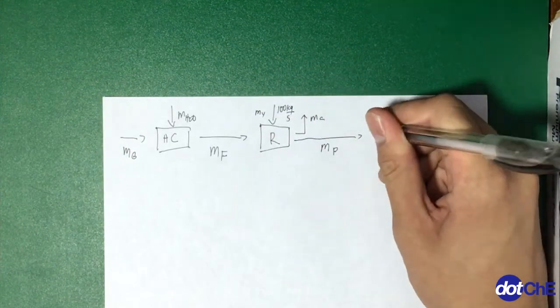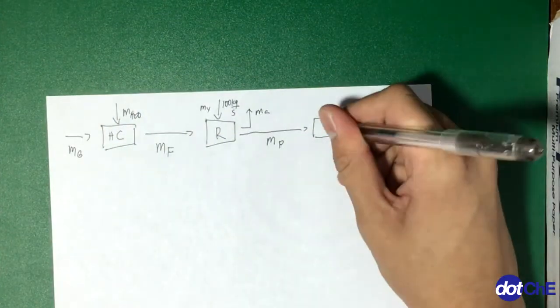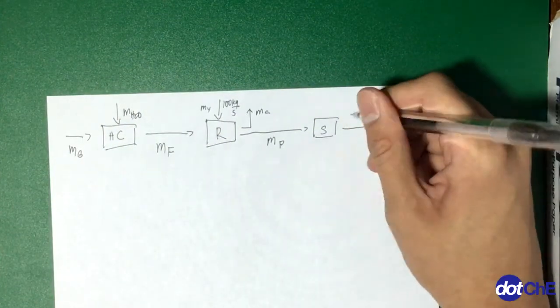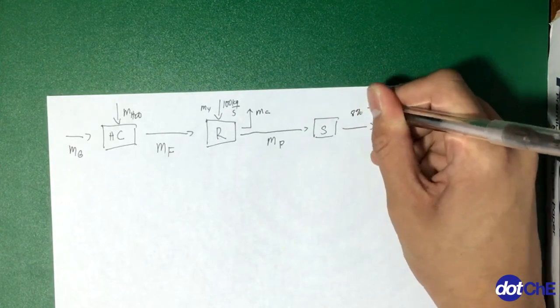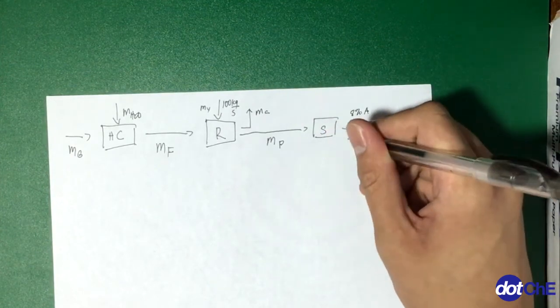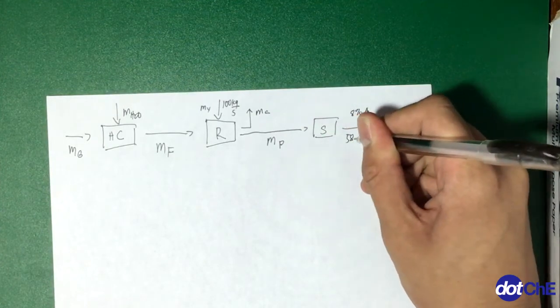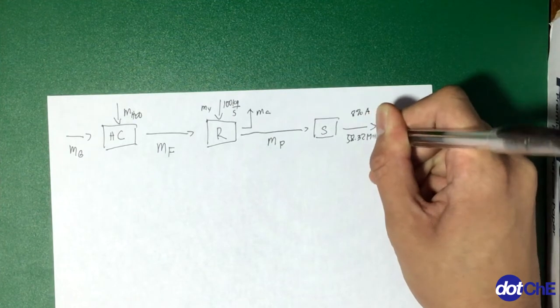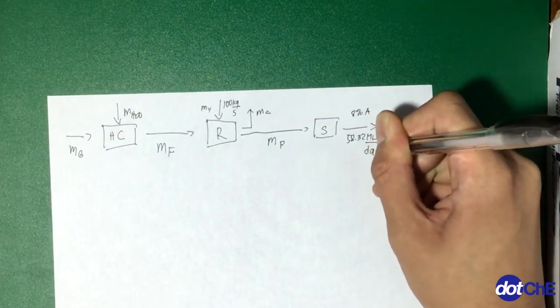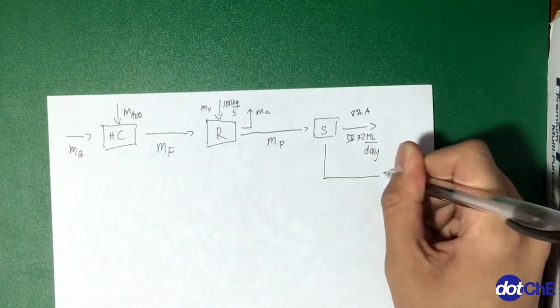Then we have a separator which separates the 8% of alcoholic drink, which is required to be produced at 58.32 megaliters per day. I've already done the conversion.